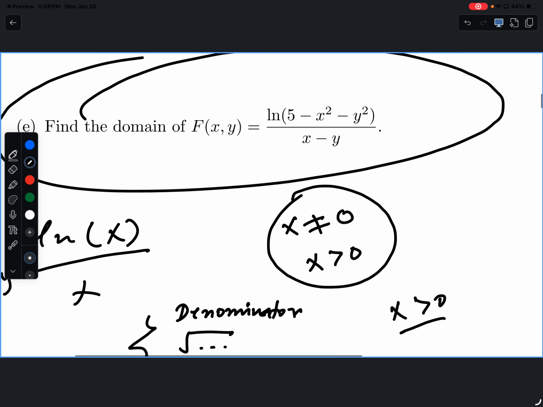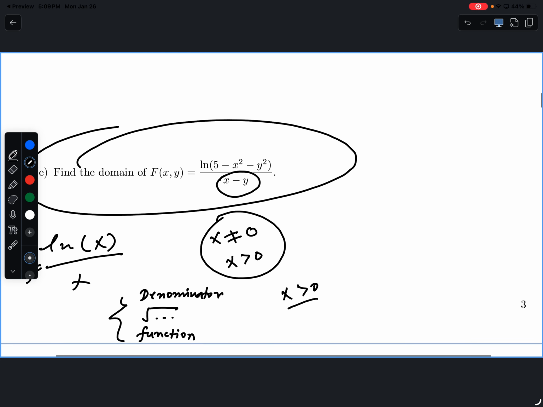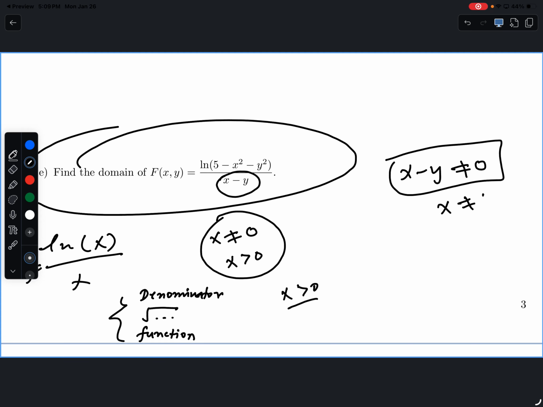I can do a similar trick with this function. x minus y should not be equal to 0. This is one thing. It means x is not equal to y. So in this expression, you cannot put a pair where the value of x and the value of y are the same. We can't do this. And what about natural log? Obviously whatever is inside the natural log should be greater than 0.